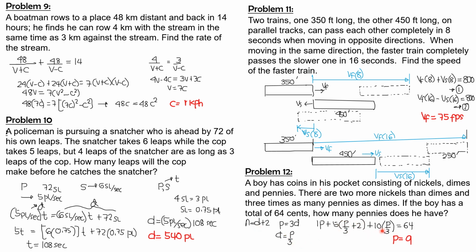Then plus 10 cents times the number of dimes, P over 3 in terms of the number of pennies, equals 64 cents. 64 minus 5 times 2, 54, divided by 1 plus 5/3 plus 10/3, we get the number of pennies of the boy equal to 9. So that's the secret of Boy Bastos.